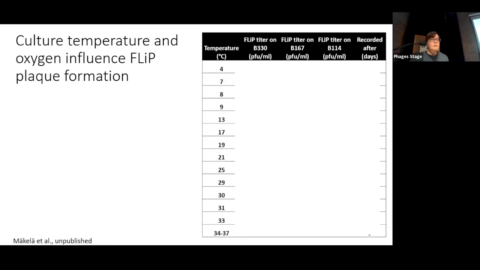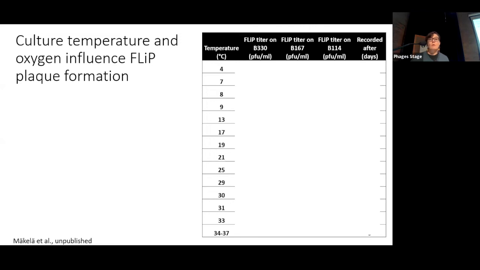What we can see, first of all, is that all these bacterial hosts are very cold tolerant, so they can grow in all of these temperatures from +4 until even +33, which is a very rare event to have such water temperatures in Finland.